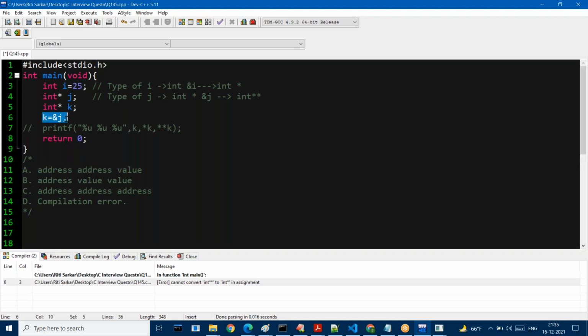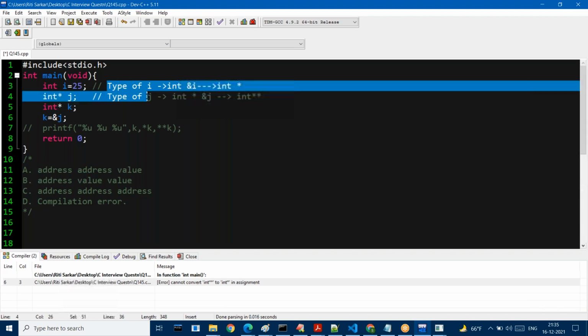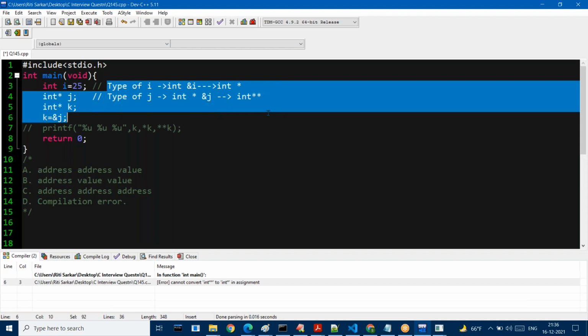The meaning of the error is meaningful, because already we know, sir, the type of integer is int, but the type of & of that is int *. The type of j is here int *, then the type of &j is int **. So if we write like this, definitely we are going to face the problem.